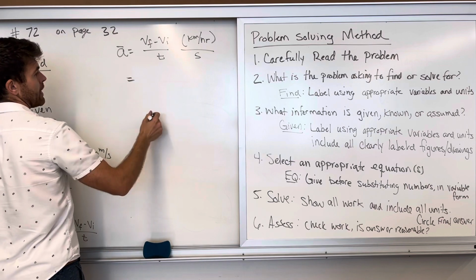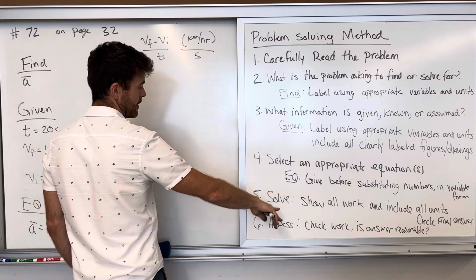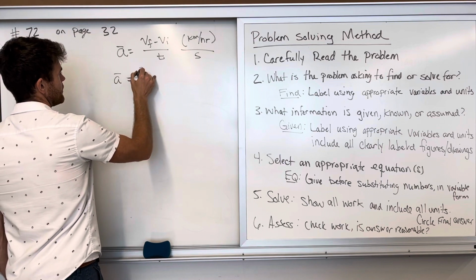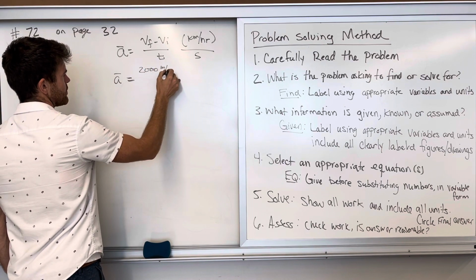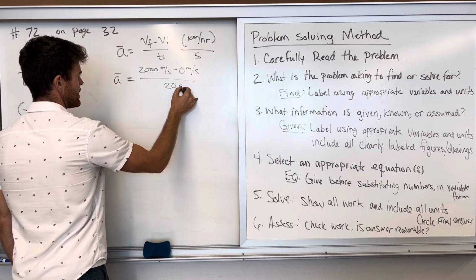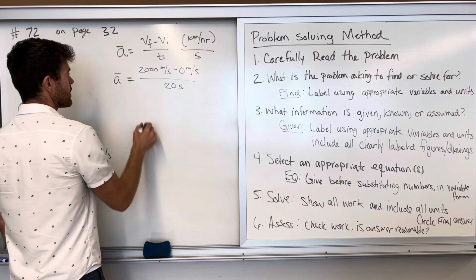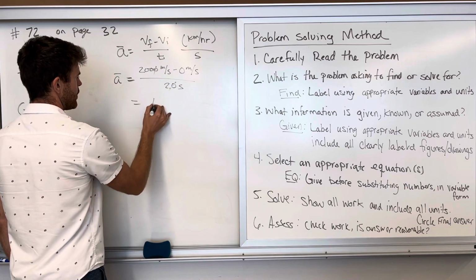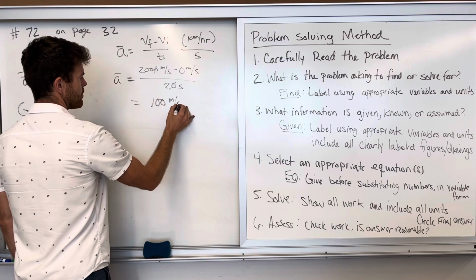So now, select the equation, solve. It's already solved for acceleration. 2,000 meters per second minus 0 meters per second divided by 20 seconds. I'm going to get 200 divided by 2 is 100 meters per second squared.